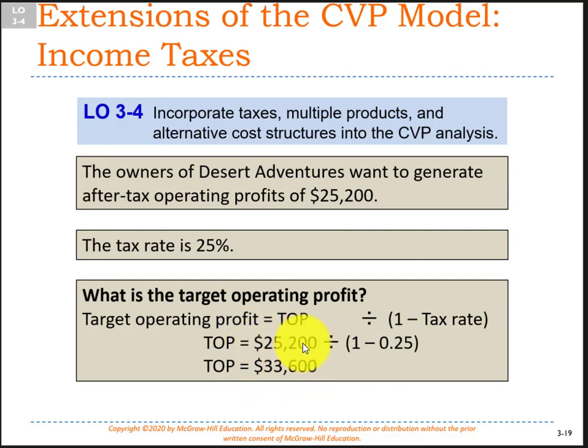So 25,200 divided by 0.75 equals 33,600. So if we make 33,600, we share 8,400 of it with the government. We get to keep 25,200, just like our target profit was. So that's the only adjustment you have to make if the problem says you need to calculate using the target profit after taxes.